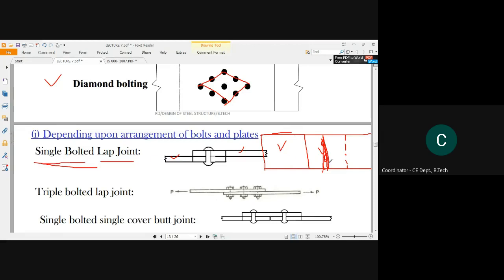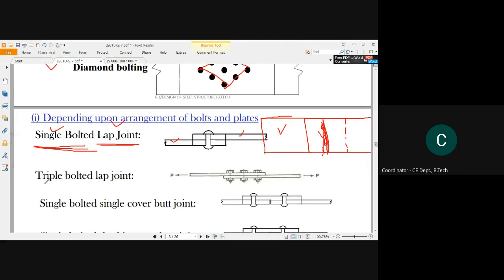So this is an overlap plate. That is why this is called a lap joint. From this part we can understand the pattern of bolting, and from this part we can understand the pattern of plate arrangement. Next, this is a triple bolted lap joint.